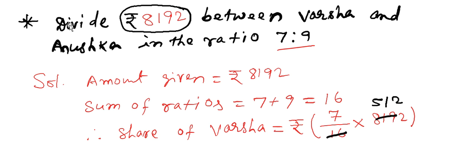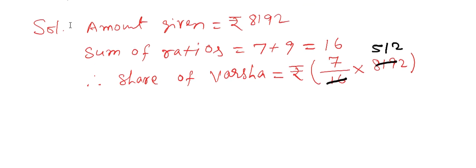After that, what we will do? Here write equal sign and put rupees sign and in bracket 7 into 512. What would be the result?